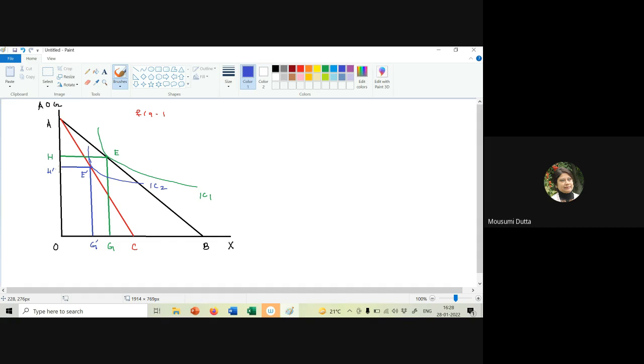The consumer now spends OH prime on AOG and AH prime on X. Though consumption of X is falling from OG to OG prime, X is very expensive and the consumer needs to buy at least some amount of X. So expenditure on X is increasing from AH to AH prime.